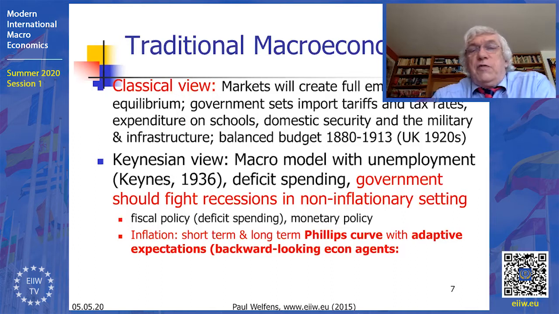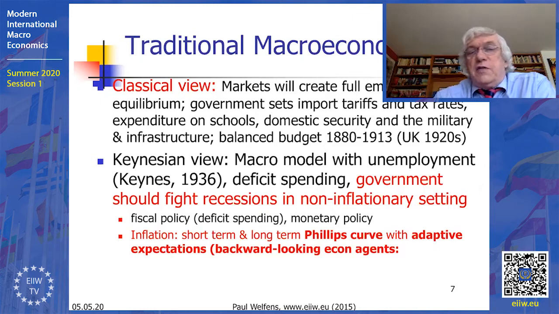The Keynesian view started to emerge, I would say, with this background of the 1920s in the UK. So Keynes was quite interested to understand what was happening in the 1920s. He was not just interested to understand the Great Depression. So a Keynesian view is then more a macro model with unemployment, which is Keynes' General Theory book of 1936. And we then focus more on expansionary fiscal policy and deficit spending.